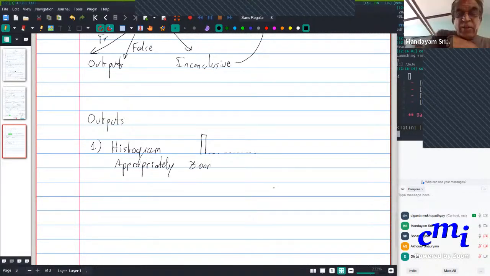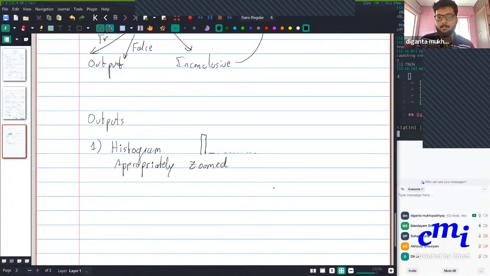Diganta had asked you to initially split the range, min score and max score, into 20 intervals. We are already seeing that for most of it, everything is bunched at the beginning.